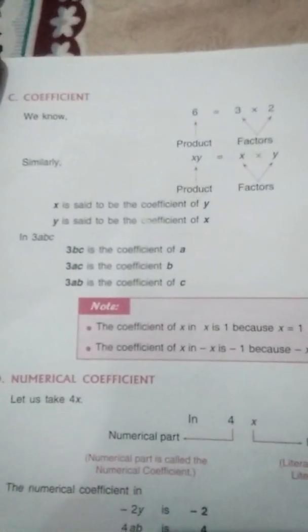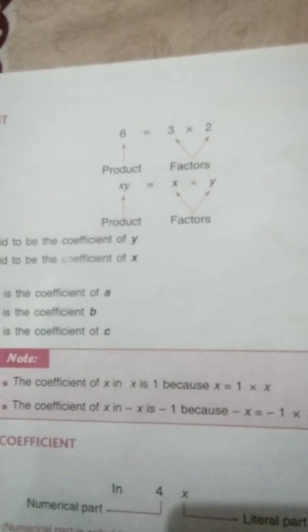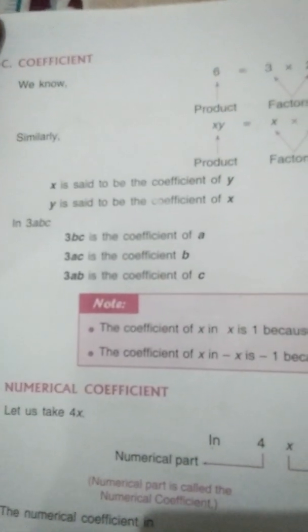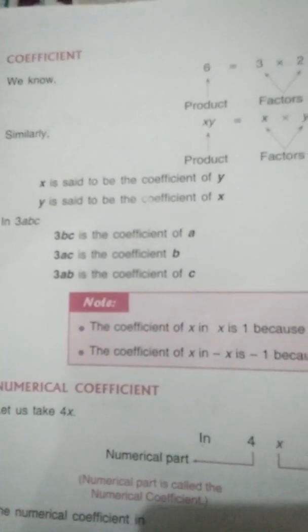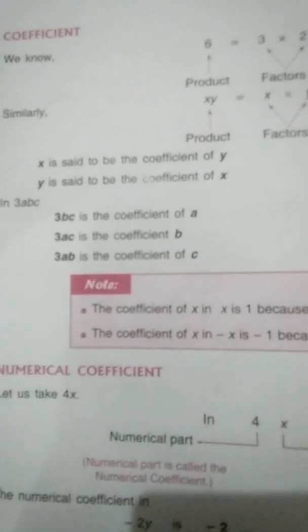Now the third term in this worksheet, coefficient. So we have 6 is equal to 3 multiplied by 2. 6 is the product and 3 and 2 are factors. Now xy is the product and x and y are factors. x is said to be a coefficient of y and y is said to be the coefficient of x.